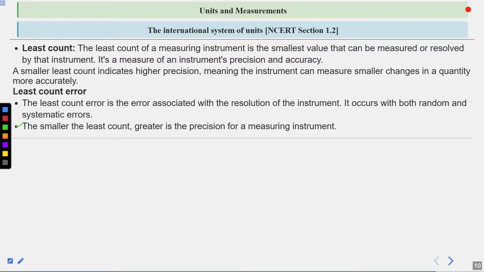Listen carefully. The smaller the least count, the greater is the precision for a measuring instrument. It means if the value of least count is small, the precision is high. More about least count and least count error we will learn in the next lecture. Any doubt?